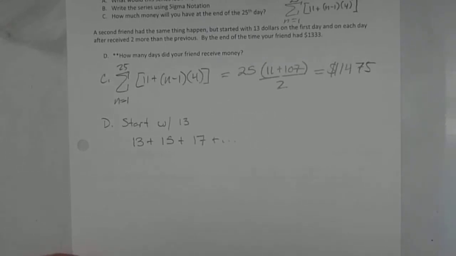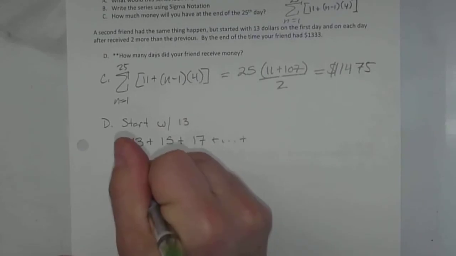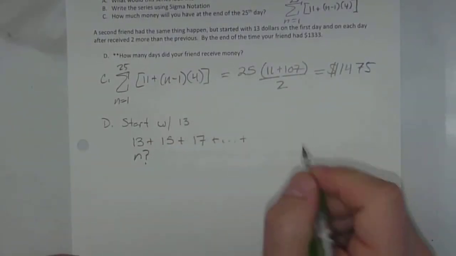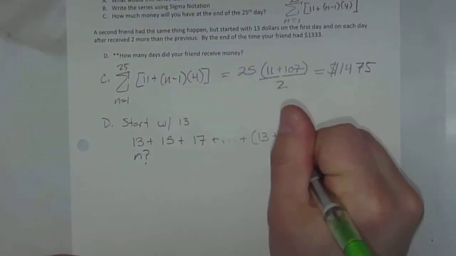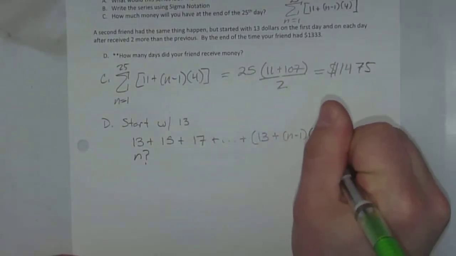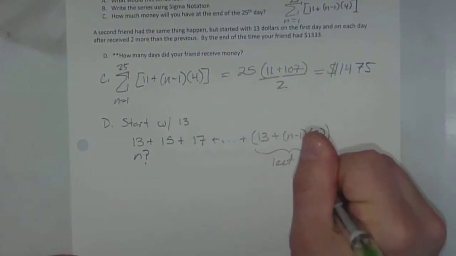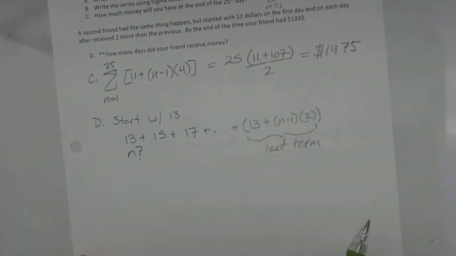But we don't know how many days this is, so I know the last term, whatever n is, would be the explicit rule. So 13 plus n minus 1 times 2. So this here is the last term. Again, we don't know what n is, but this would give it to me.